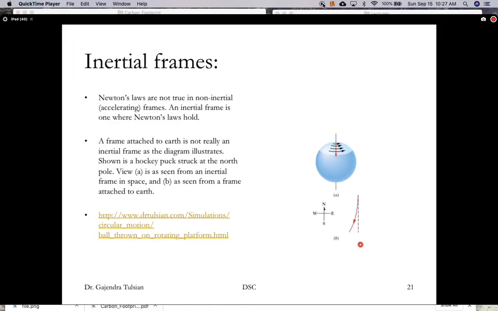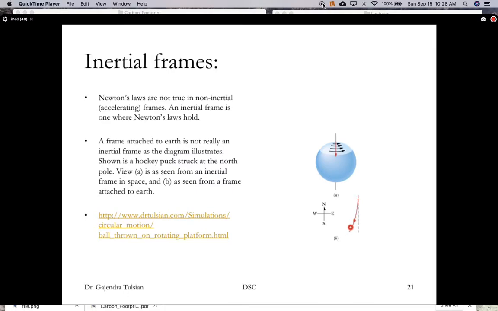But if you're on Earth, that is, you're attached to an accelerating frame, what you see is the puck, since it's frictionless, it actually is going straight, but since you're spinning forward, it will appear to you that the puck is swinging away or turning away.